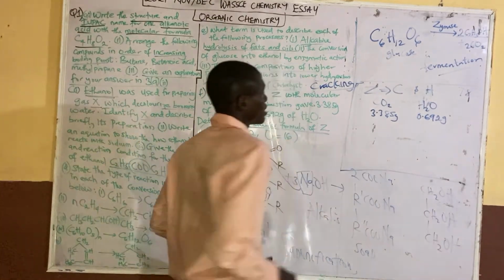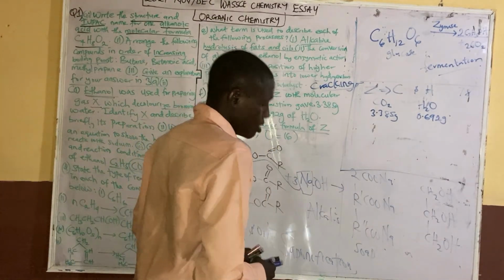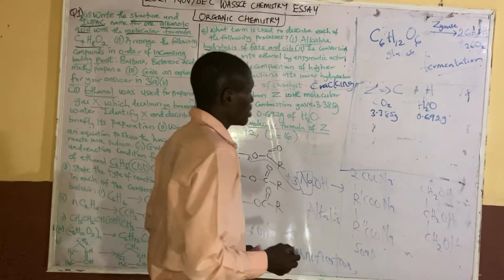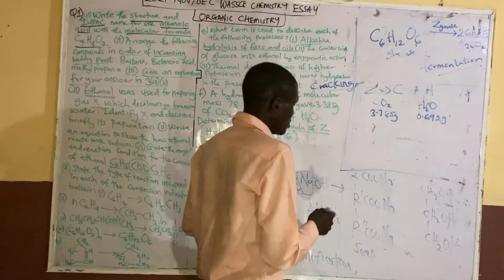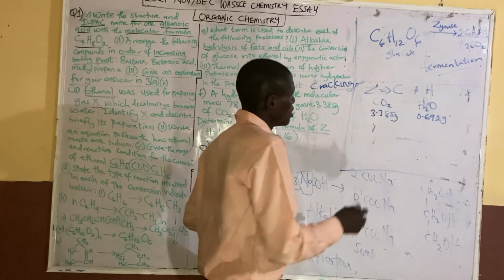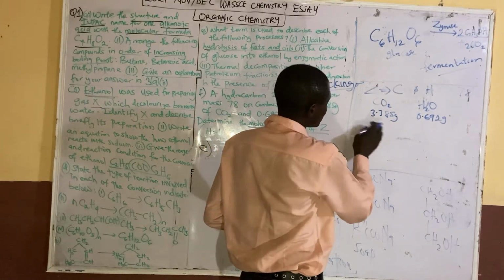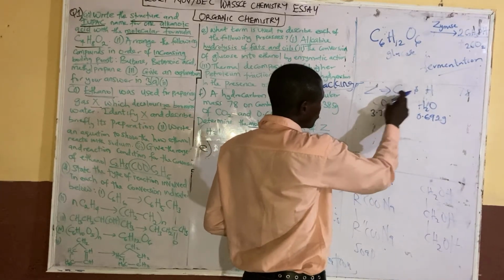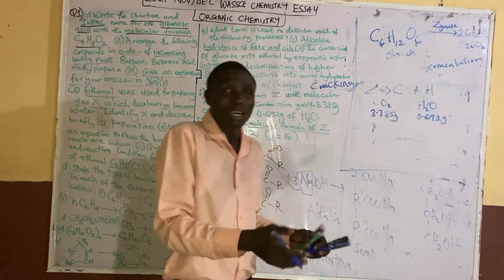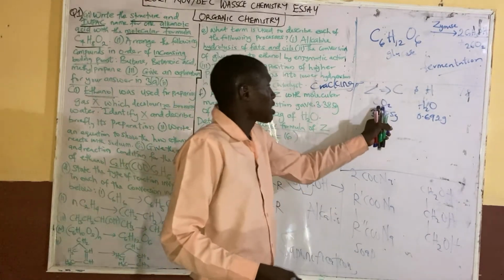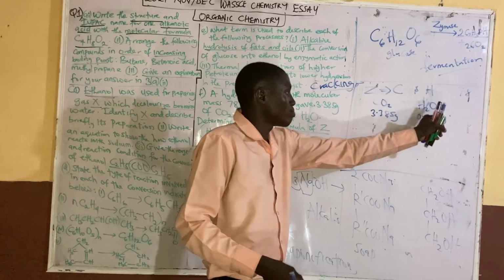Now, how do you determine the molecular formula of this? It is very important that we know how to do this. The first thing is to know the percentage composition of carbon and hydrogen. What is the mass of carbon, which is essentially in the carbon dioxide, and what is the mass of hydrogen?